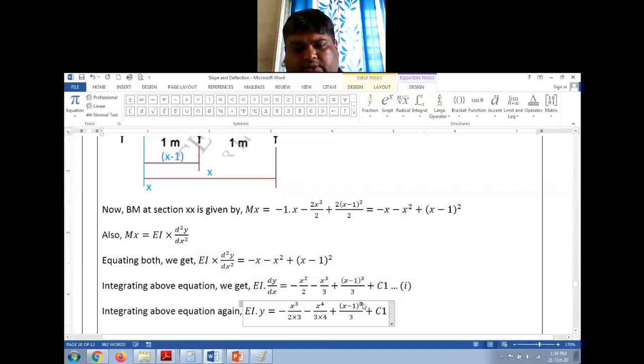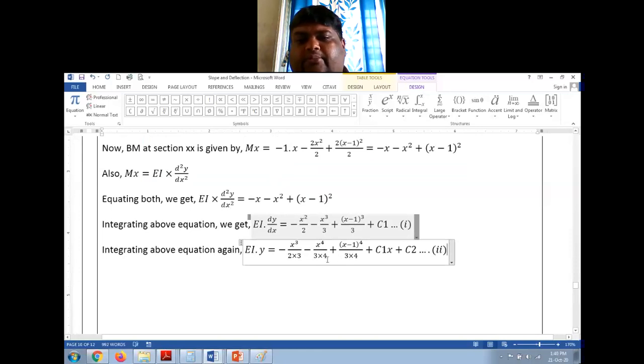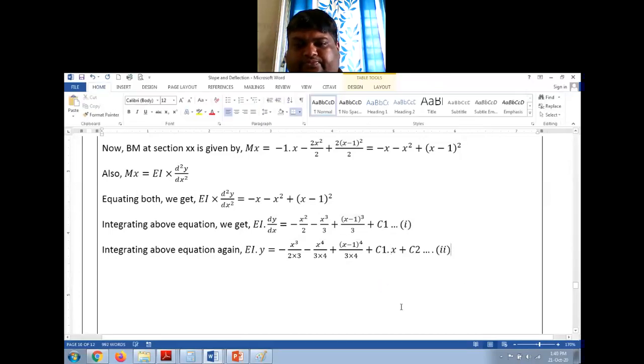Same with this, (x minus 1) raised to 4 by 3 into 4, plus c1 x plus c2. We call this equation 2, right? So now from this I can find slope, from this I can find the deflection, but before that I need to find the constants c1 and c2.